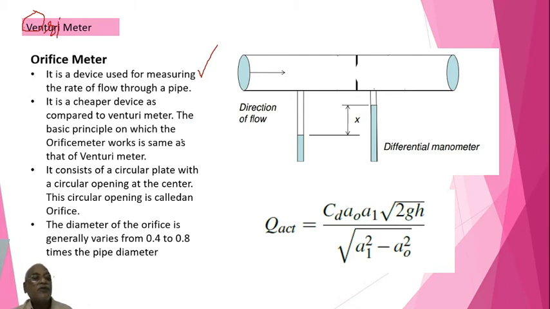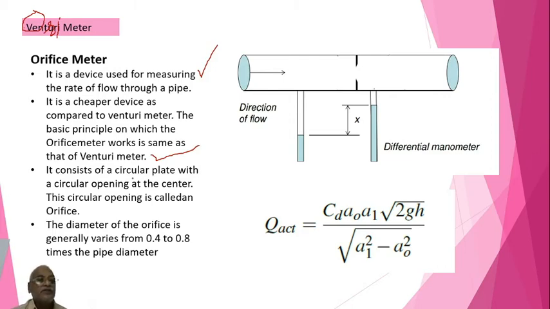The basic principle on which the orifice meter works is the same as that of the Venturimeter. What is that principle? You have to decrease the size. There will be a pressure difference. That pressure difference helps you in calculating the velocity, and that velocity helps you in measuring discharge, right?